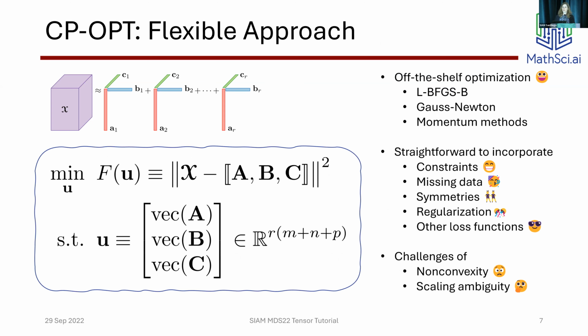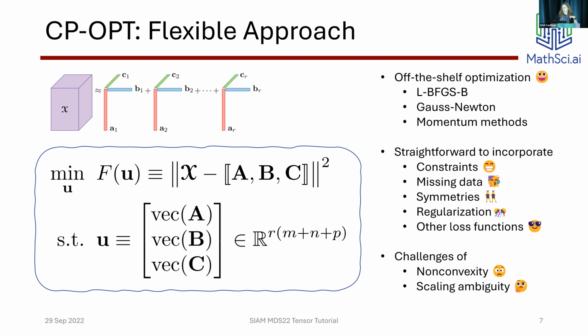And so this is a little bit more flexible in some ways. We're just going to optimize this problem. If I have a way to evaluate the function and a way to evaluate the gradients, I can use my favorite off-the-shelf solver, like limited memory BFGS, or some momentum methods that have become very popular lately.